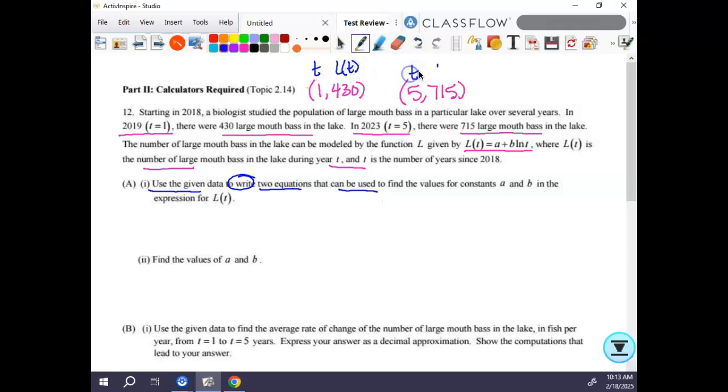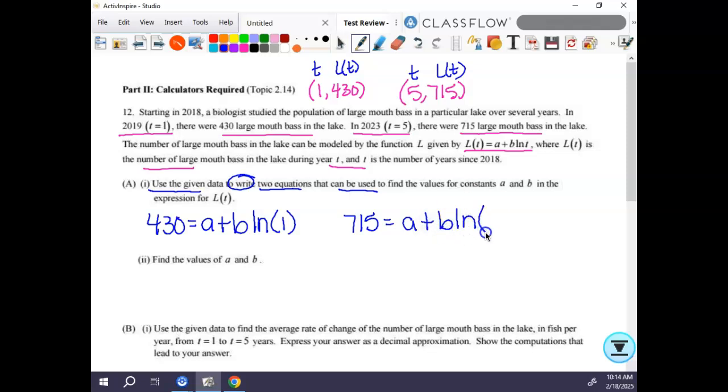My first one is going to be 430 is equal to a plus b times the natural log of 1. My second one is going to be 715 equals a plus b times the natural log of 5.